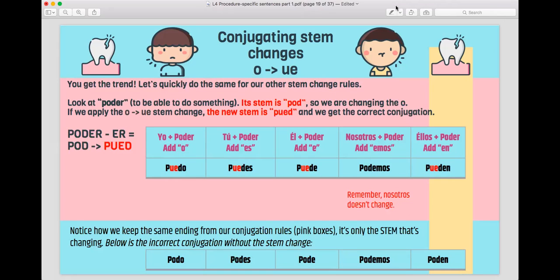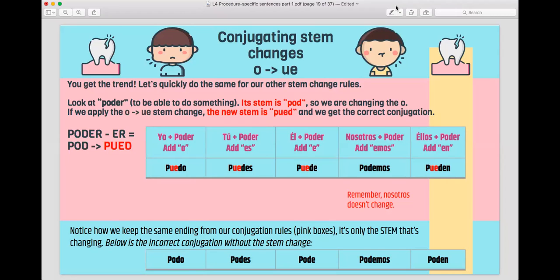So let's try this now with poder. Poder means to be able to do something. Its stem, we would think, would be pod, P-O-D. So we look at that O and we change it to UE to get our new stem, which is pued. Once we have our new stem, we just add the endings and we get puedo, yo puedo.